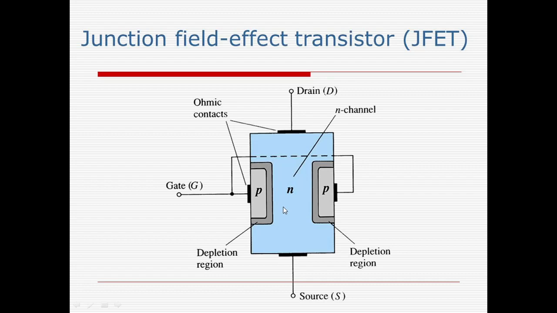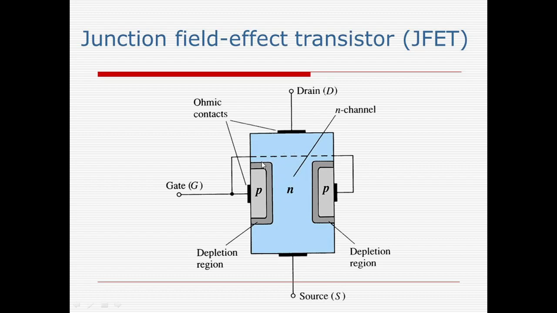As a result, when we apply a potential difference between the drain terminal and the source terminal, there will be flow of charged carriers. In this case, the majority charge carrier is electrons. If we apply positive potential to the drain terminal and negative potential to the source terminal, the electrons will flow towards the drain terminal.